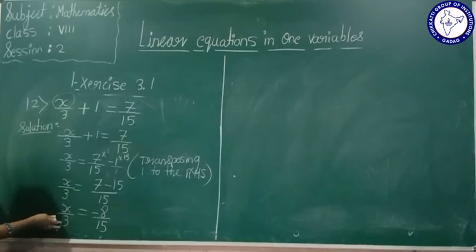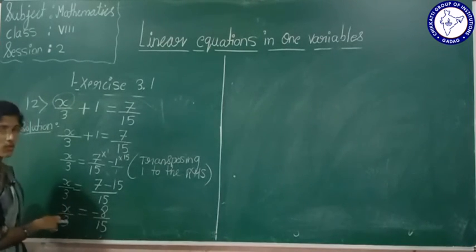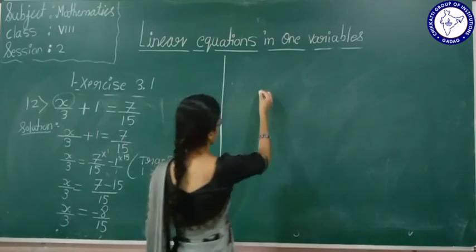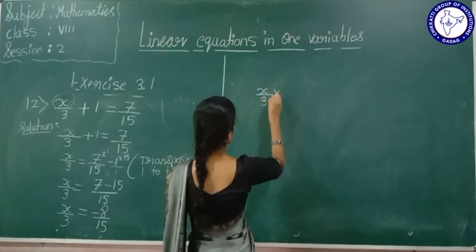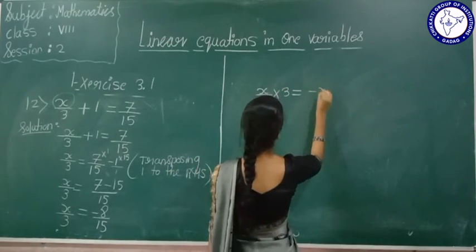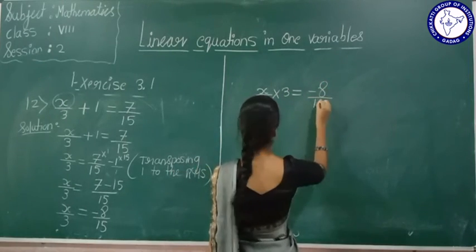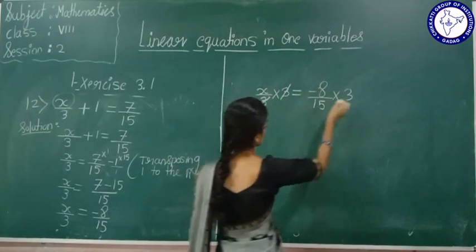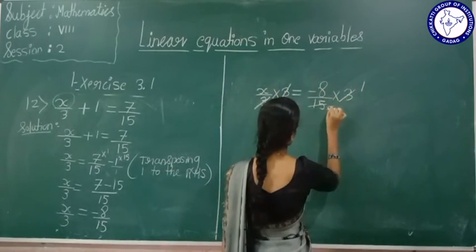Now we have simplified this. I want to remove this 3 from here. What to do? Simple. Multiply both sides by 3. If you multiply both sides by 3, definitely this 3 is going to vanish. Yes or no? Here 3 is going to get cancelled. 3 ones are 3, 3 5s are 15.